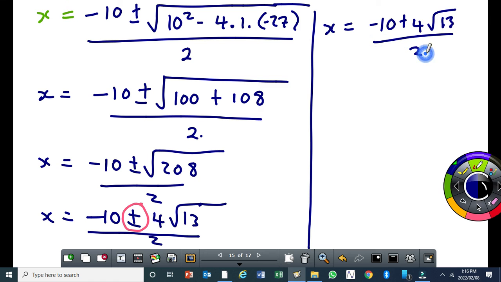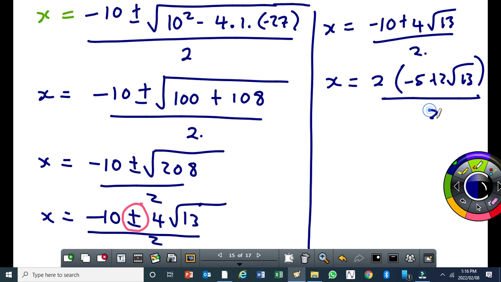I want to show you something here. That can be simplified further because there is a common factor in the numerator. And what is that common factor? The 2, so we take out 2, then you get minus 5 plus 2 root of 13 all over 2. Then these 2 will cancel out.